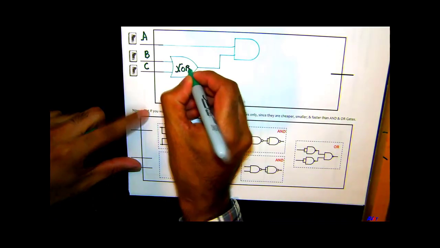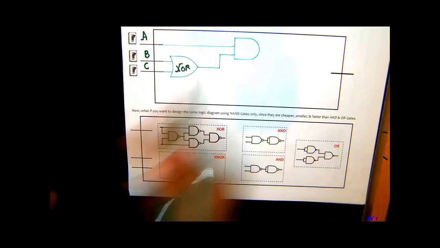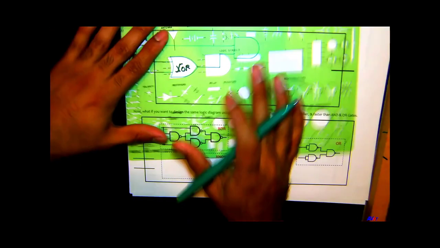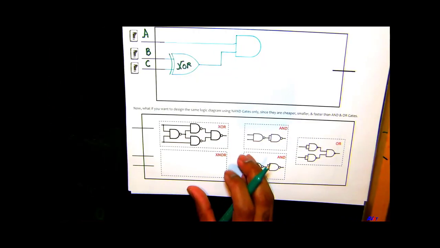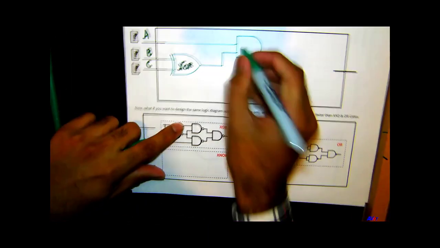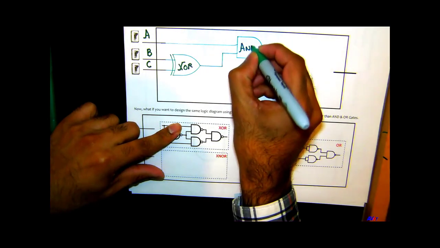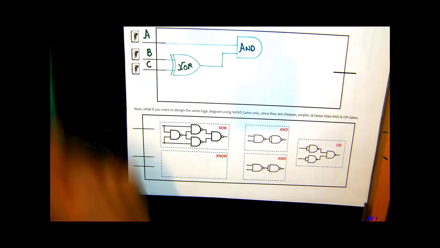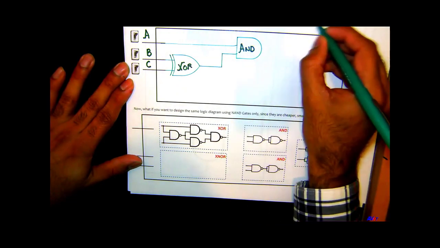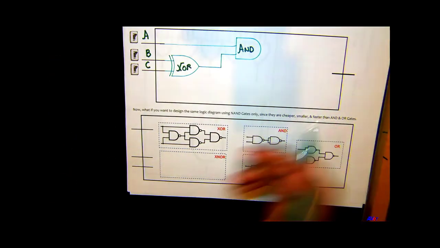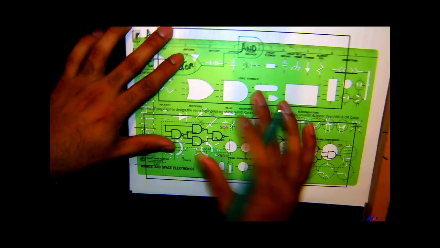Exclusive OR gate here, and then this is your AND gate right here. Okay, this expression is ready. I'm going to work on this expression, so this one right here first. Exclusive NOR.